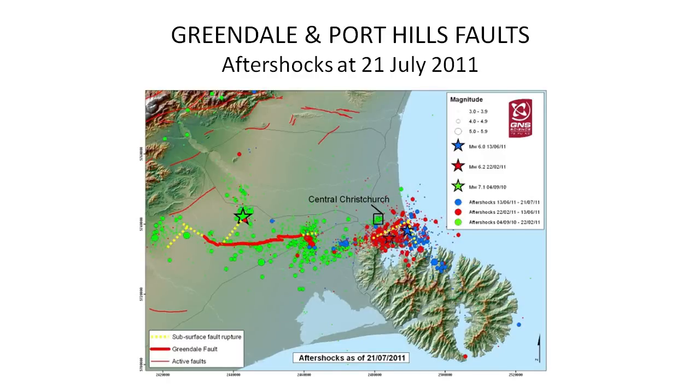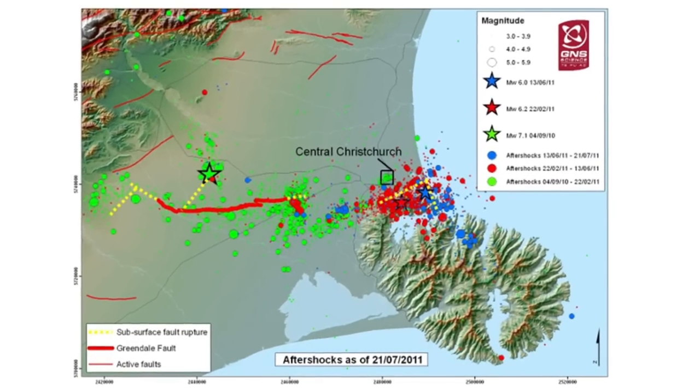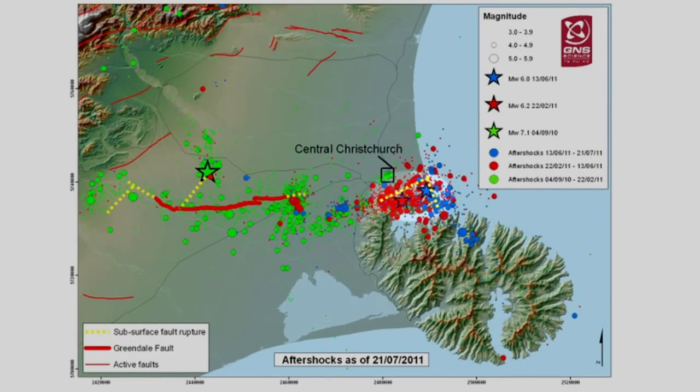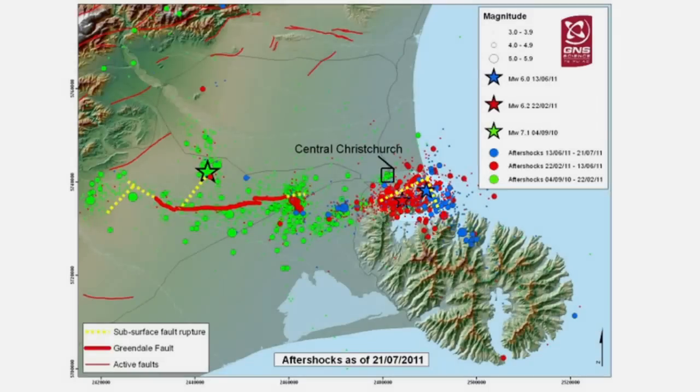Combining those with the distance, this is a good example showing the distance of the September event compared to the distance of the February and the June events with respect to the Port Hills, which are located right about here. So putting the magnitude and the shaking intensity together with the distance leads to some of the very extreme and severe behavior that we've seen in the Port Hills, combining that with the nature of the materials and the topography to create the different types of failure mechanisms and behaviors that we've seen.